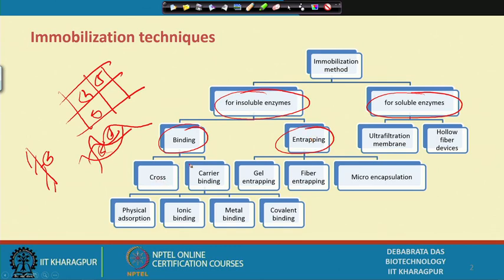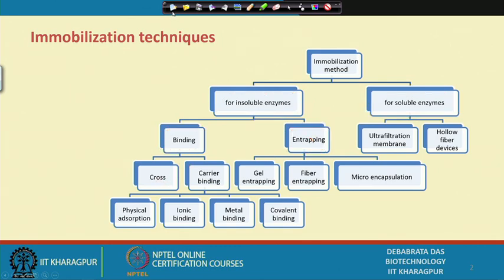If you look at binding, we have different types. One is cross linking, another is carrier binding. Carrier binding is again divided into 4 different classes. One is physical adsorption, a very simple technique where the cost involved is quite less. Then ionic binding, through the electrostatic force of attraction, and another is metal binding and covalent binding.